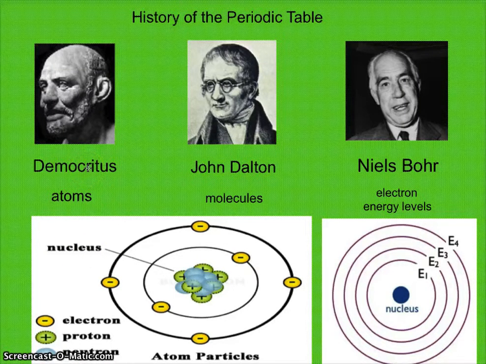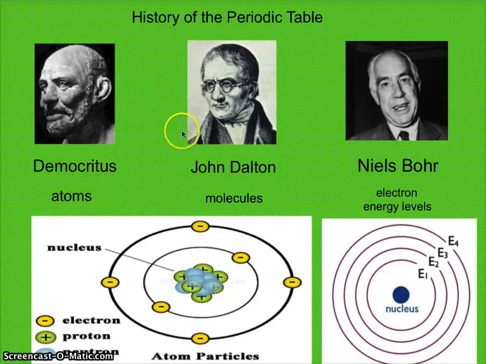He just thought that there was such a thing as a smallest portion of everything that just could not be divided. And in idea, he was kind of right on track. He did think that the atom could not be divided, but that would be proven wrong. So he at least was getting there.